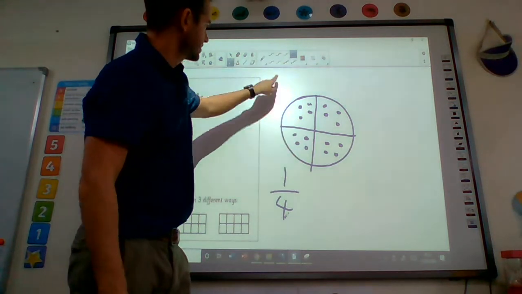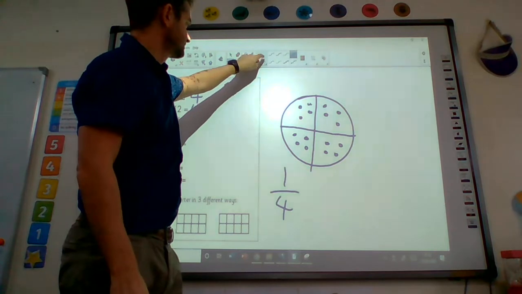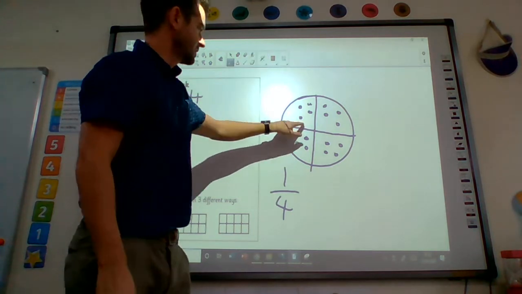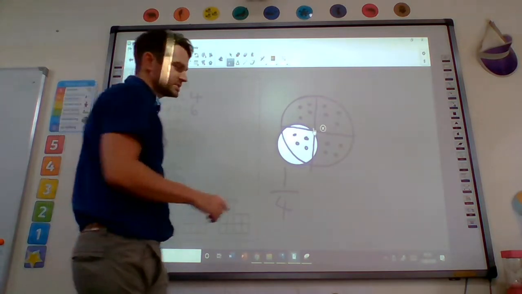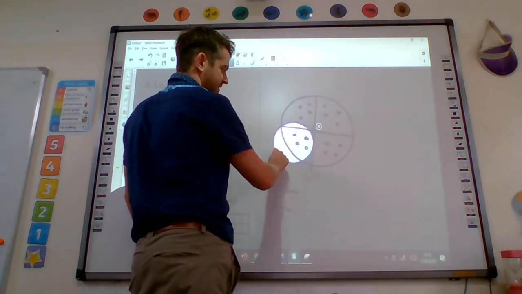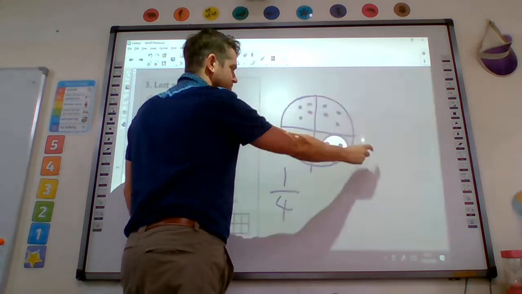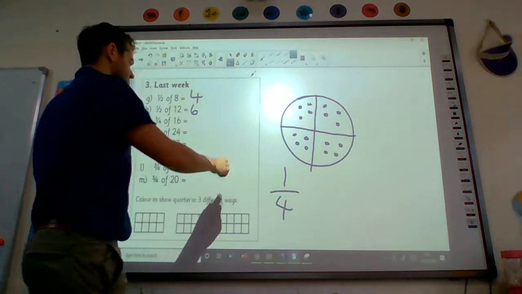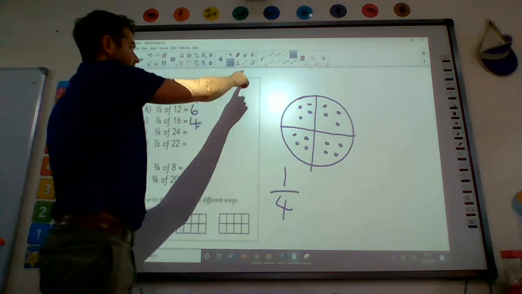For this one here, I could get my magic pen out to have a look. So I only look at 1 quarter. And I can see in that quarter there are 4. Just going to check. Yeah, it's the same. All of them are equal, so I'm confident I've found quarter. Quarter of 16 is 4.